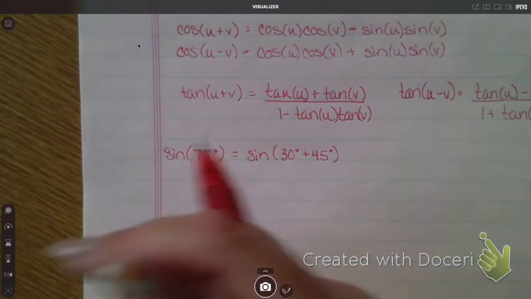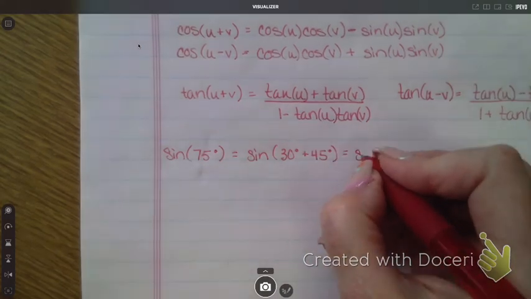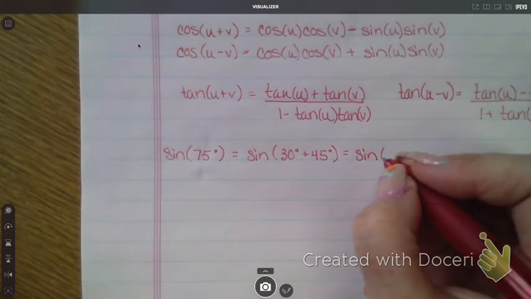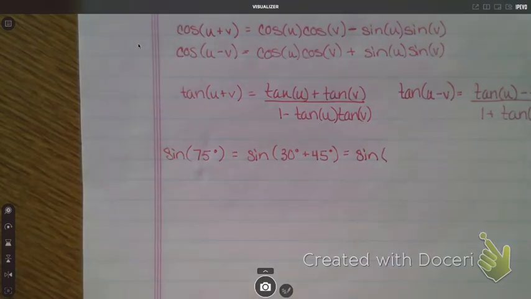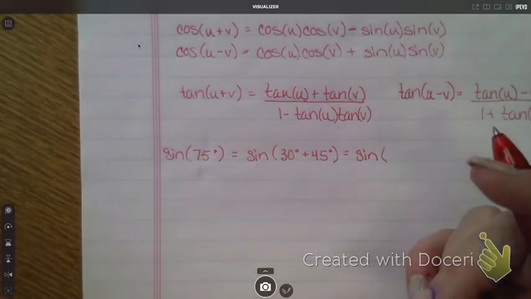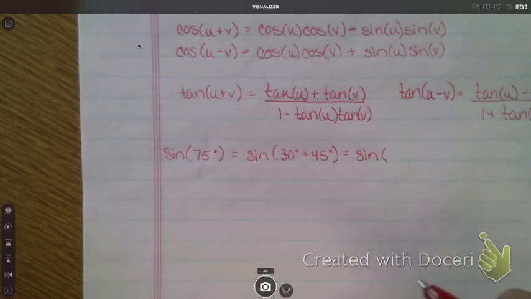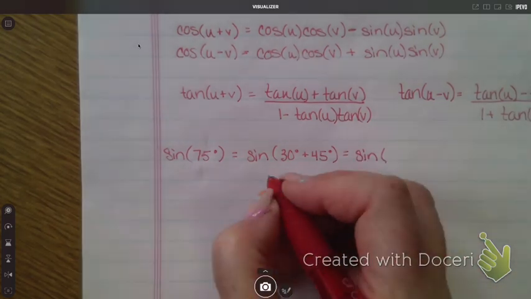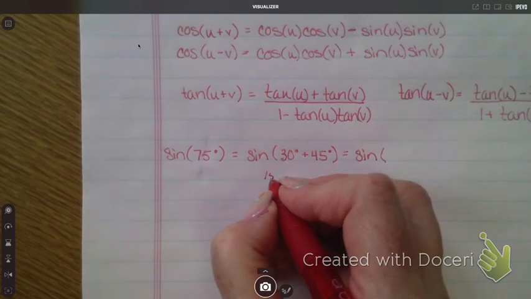Can you think of a subtraction? You're obviously going to have to get out of the first quadrant, yes? Could you do 220? No. You have to get an angle you know outside of the first quadrant, right? Would it have to be a negative then? No. 180. Like if you took 180 minus something, but 180 minus what gives you 75? 180 minus 105, something you don't know. So is there one we know? In the second quadrant, we know 150, correct?